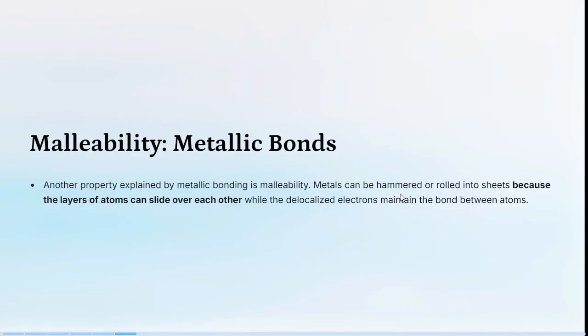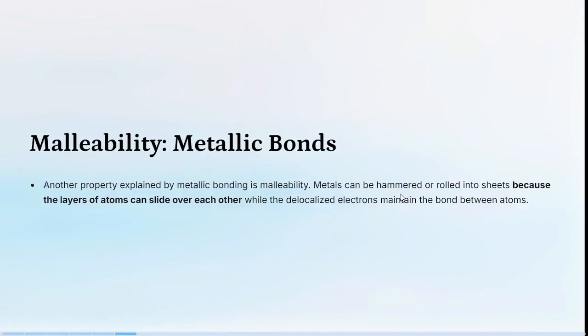Another property explained by metallic bonding is the malleability of metals. Metals can be hammered or rolled into sheets because layers of atoms can slide over one another. The reason metals can be easily hammered into sheets is the close packing of the metal ions. When they are arranged efficiently, they form layers.